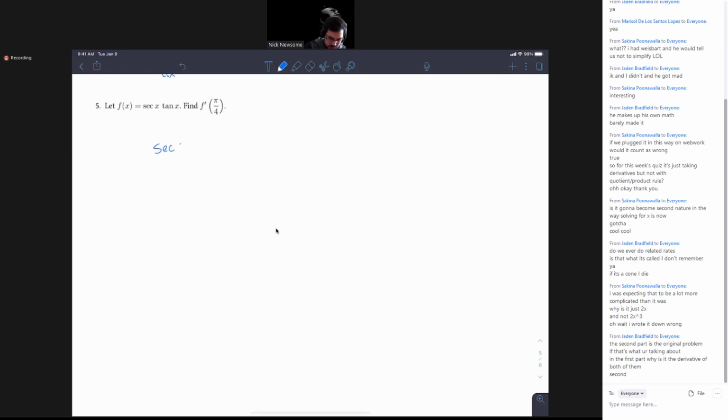So secant x times tangent x: secant is 1 over cosine, and tangent is sine over cosine. So really this looks like sine over cosine squared. So if you think that looks nicer, then okay. If you don't think it looks nicer, that's also okay.